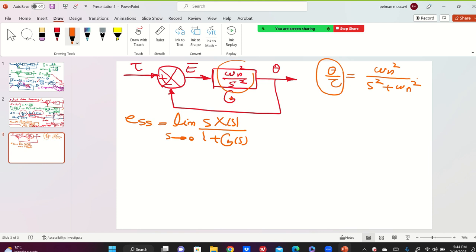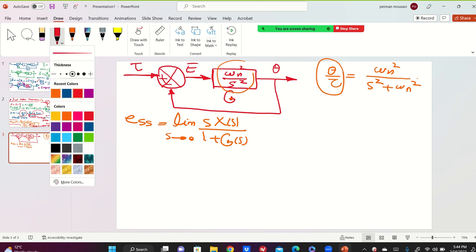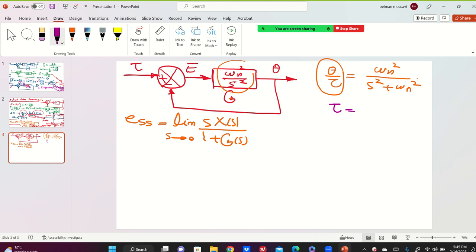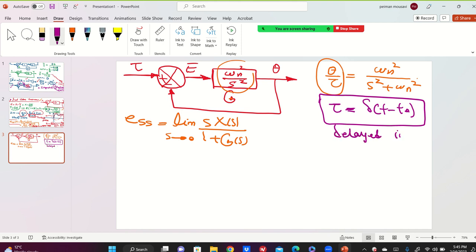Now you know what, guys? I'm going to say the input to the system, to the pendulum, is this. What is this? I taught you. I want you to tell me. Delta of t minus t naught. Delayed impulse.